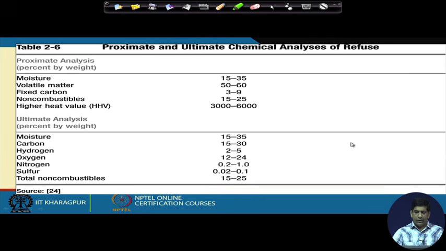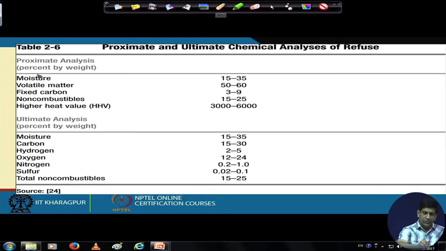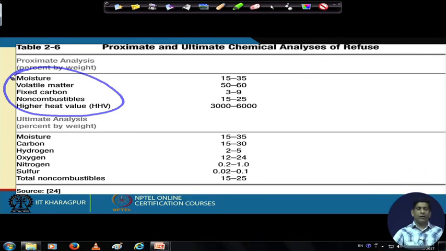This is another example when you are looking at different properties. Another area is the proximate analysis and the ultimate analysis. Proximate analysis is a term used where you look at certain parameters such as the moisture, the volatile matter, the fixed carbon, the non-combustible, and the higher heat value.